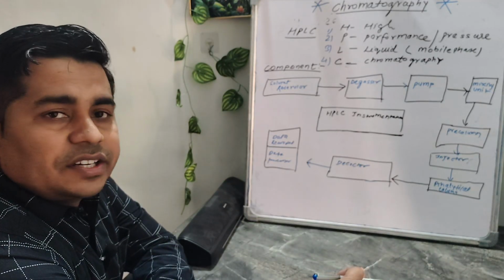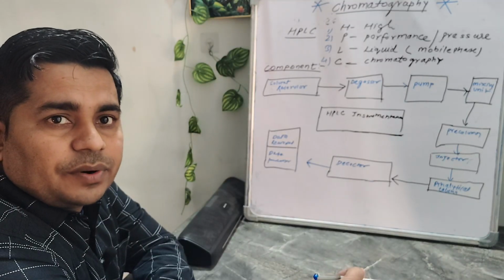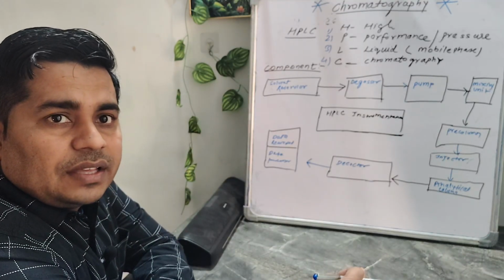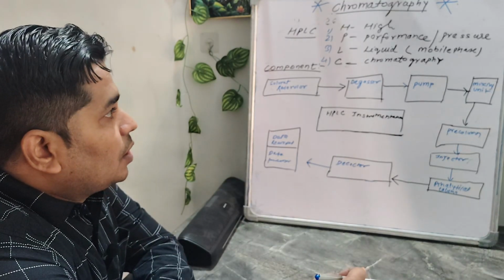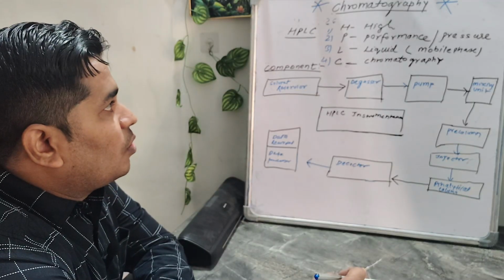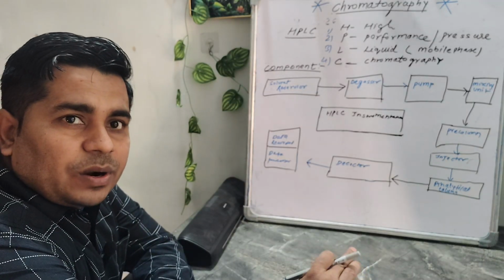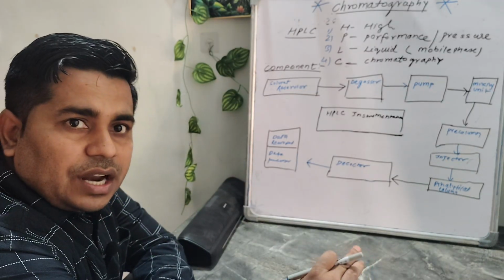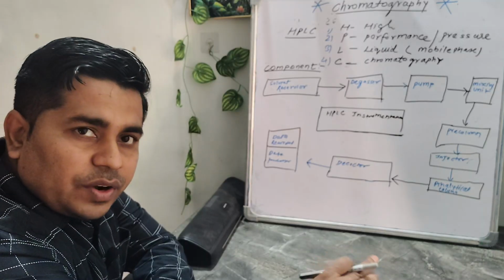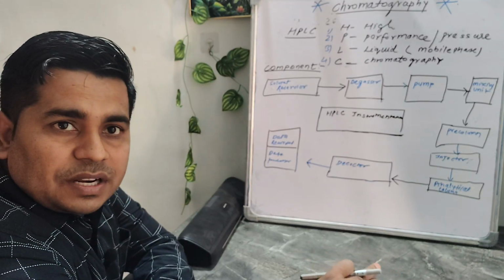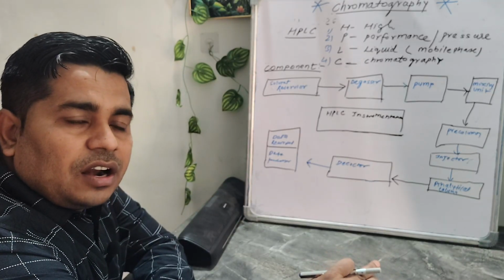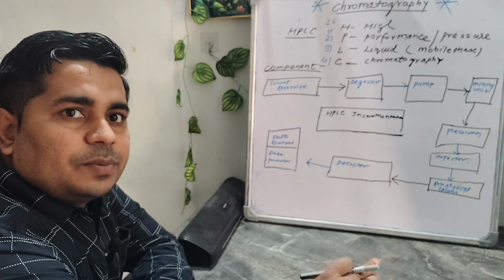So liquid stands for the mobile phase and solid stands for the stationary phase. I explained this yesterday. Now C is chromatographic. With the combined effort of high resolution, high pressure and liquid mobile phase, we can achieve the separation. That's why we know this technique as HPLC.